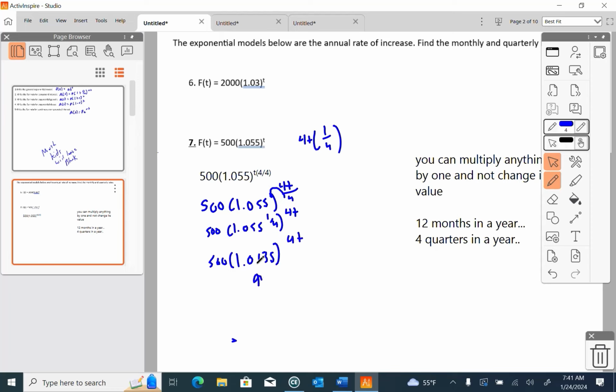Now, if you think about your exponential growth models, this 1.0135 is equal to 1 plus r, because notice the line up.